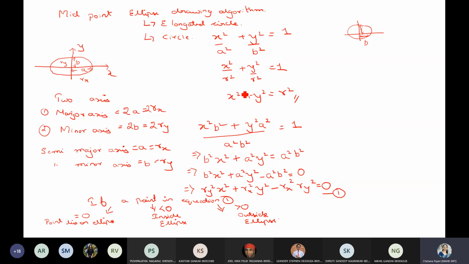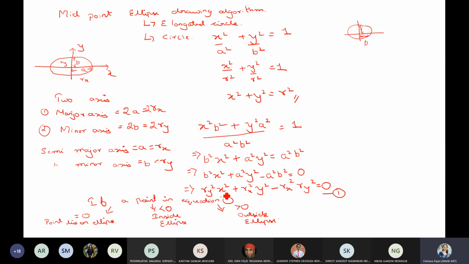At that time you can represent your radius with respect to your major axis, that is with respect to your x-axis, as rx, and b is represented as ry, and we have rewritten the same equation as ry square x square plus rx square y square minus rx square ry square equal to 0.